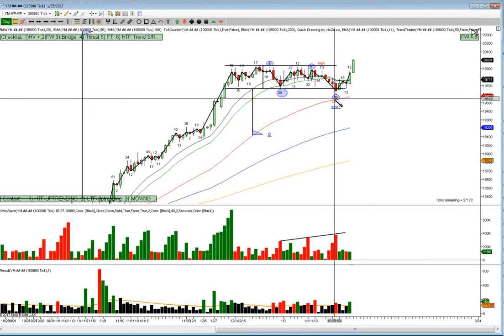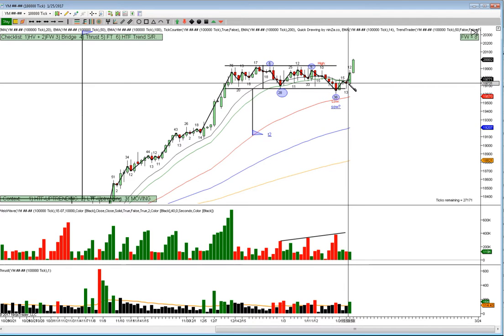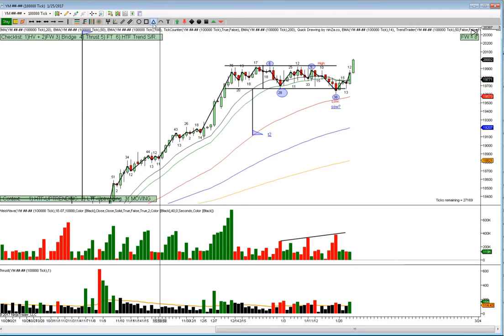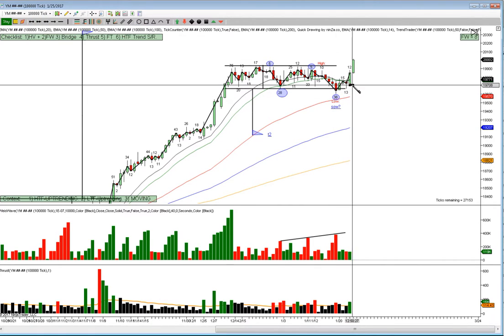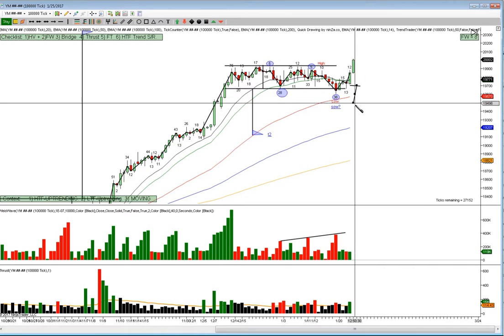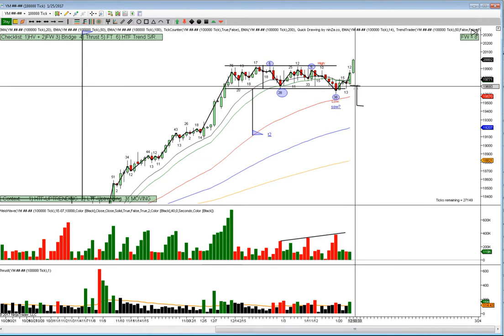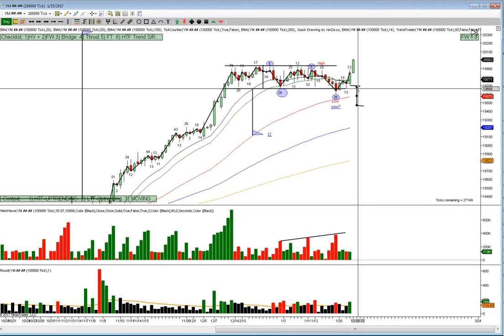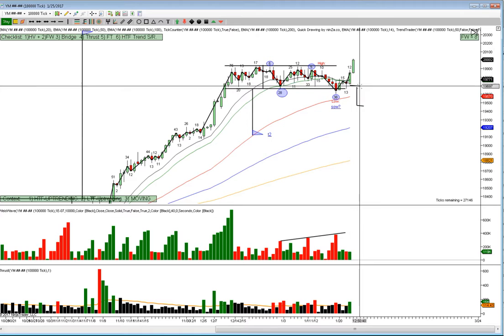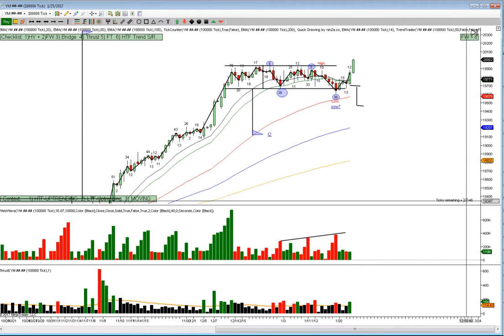This was more selling, and this was a very critical point. If you had a breakdown, it's supposed to look like this. With a big red bar down, this could have initiated an entire downtrend.